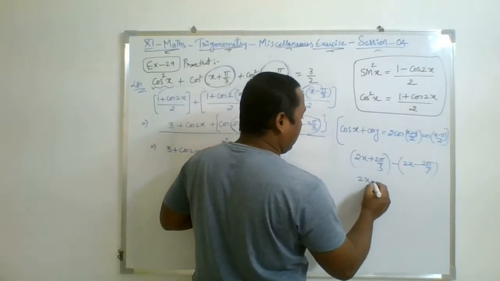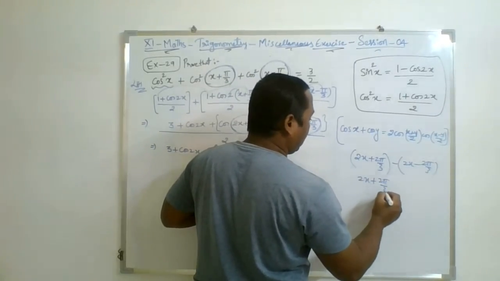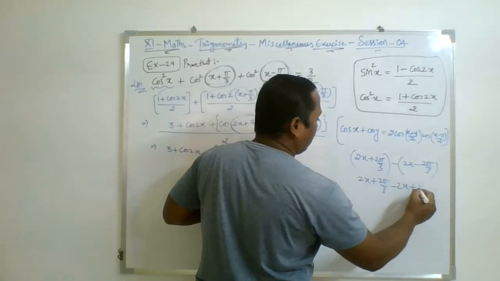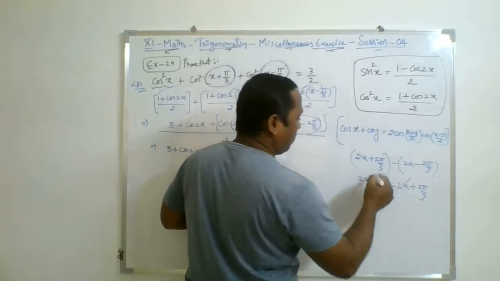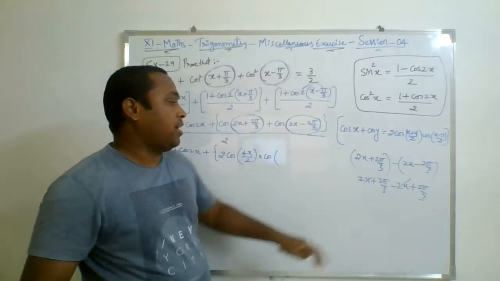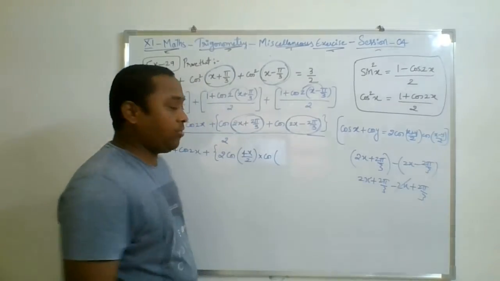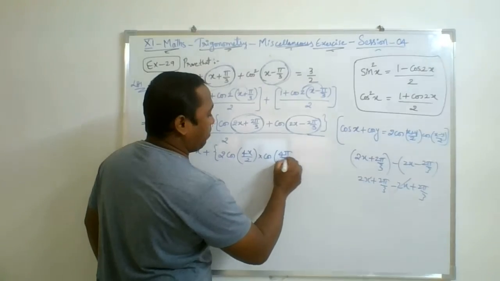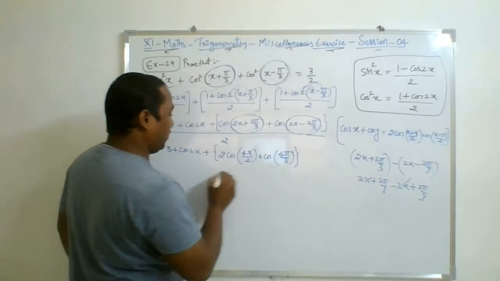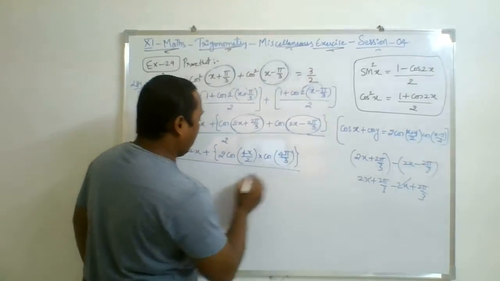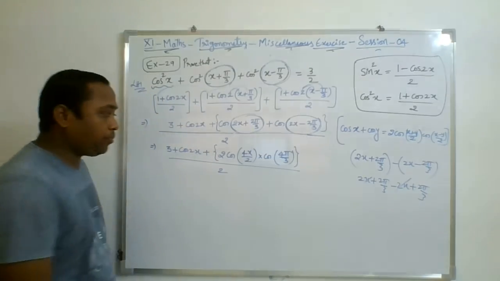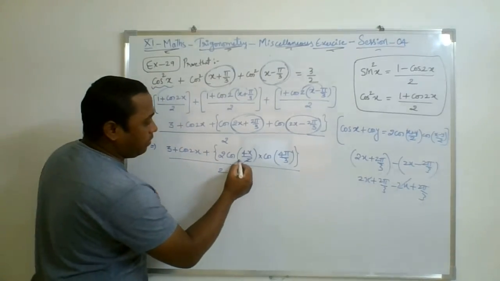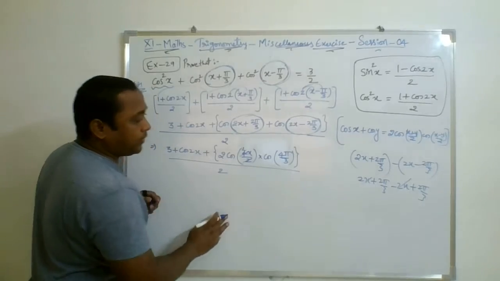You will see that this will get cancelled. It is reduced to 4 pi by 3. Cos 4 pi by 3 upon what is left, 2. So now here the angle will get cancelled, becomes 2x.